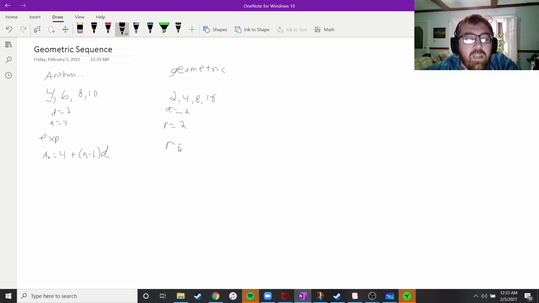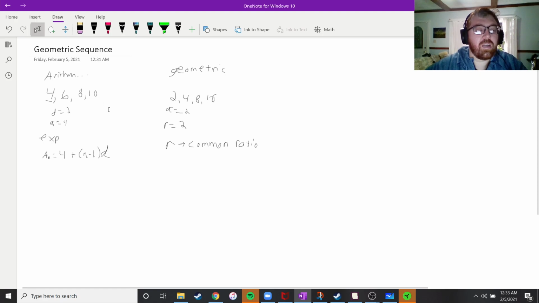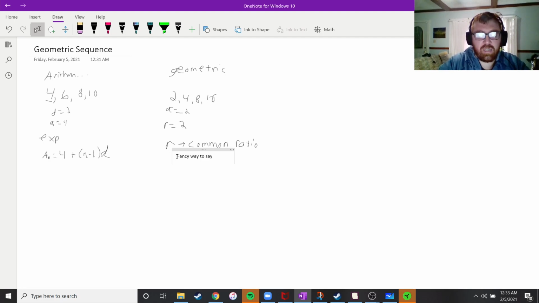R is our common ratio, is what it's called. This is just a fancy way to say, what are we multiplying by?